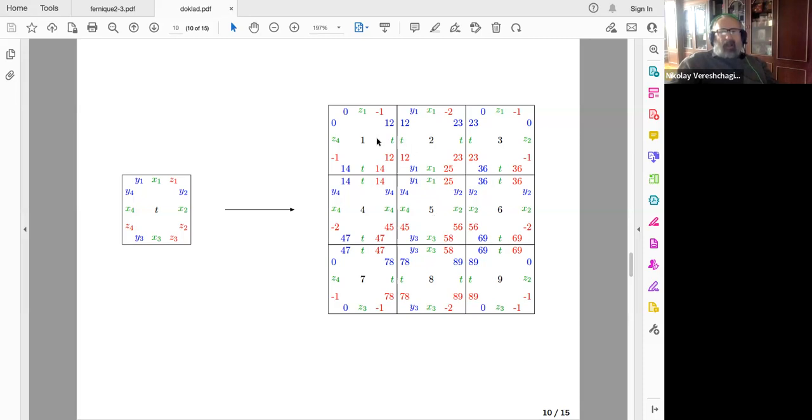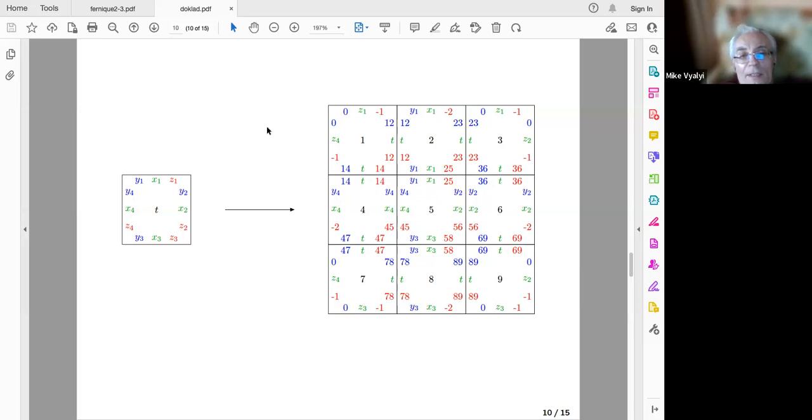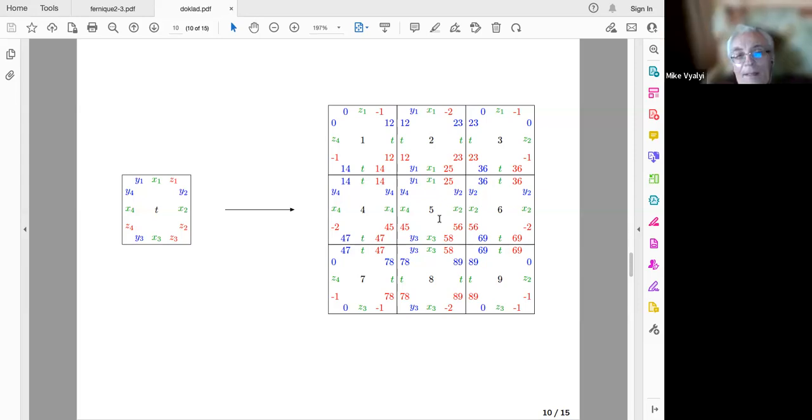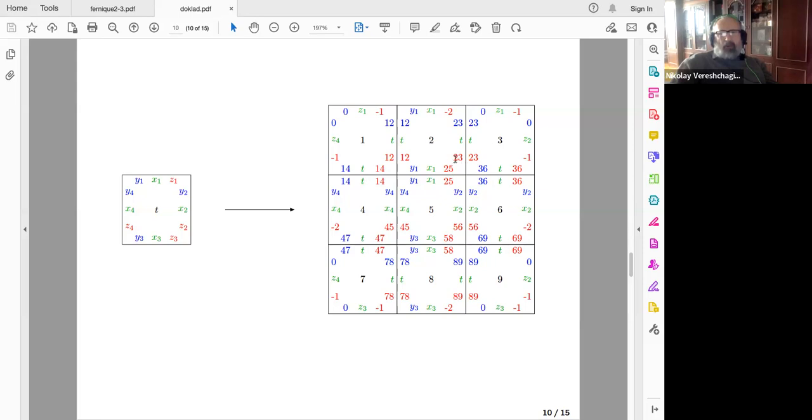Now, why do you use such strange numbers on the right-hand side: -1, 25, 23? For 25, it's easy to explain. 25 stays on the border between 2 and 5, 23 on the border of 2 and 3, and so on.